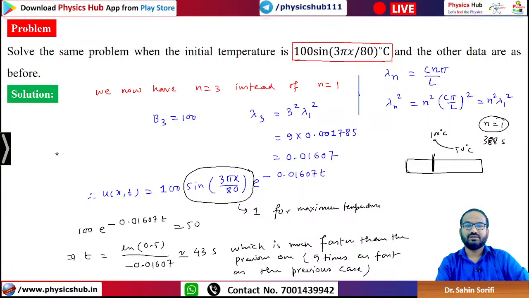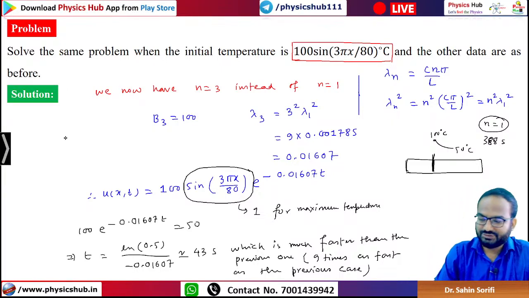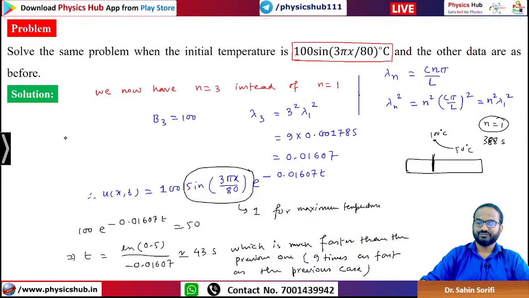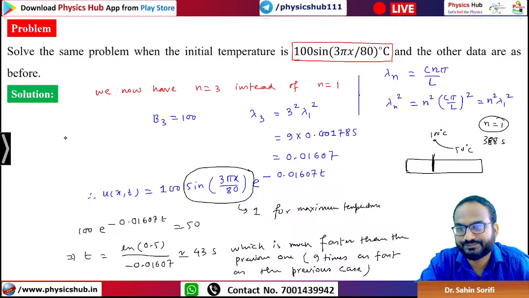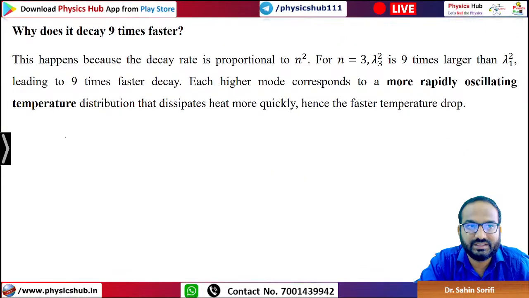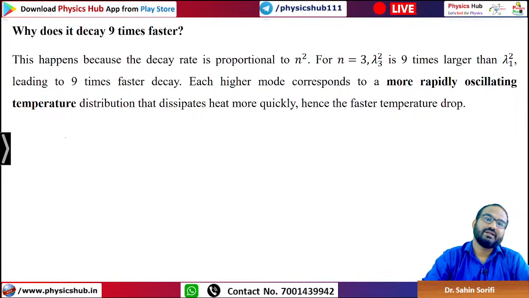Now the question is, why does it decay 9 times faster? The logic is obvious. As you consider higher modes, the temperature distribution has a more rapidly oscillating nature, so it will take less time to reduce the temperature. Okay, so you can just write it down. This happens because the decay rate is proportional to n square.